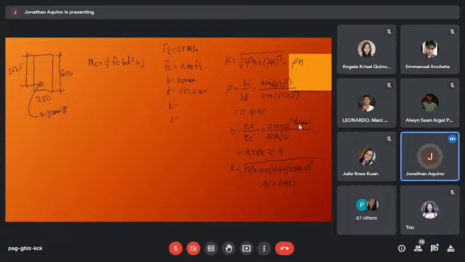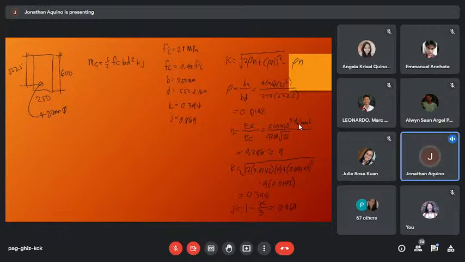This will give a value of K of 0.394. Knowing K, we can now solve for J. J is simply equal to 1 minus K over 3, which gives a J of 0.869. So we now have K of 0.394 and J of 0.869.